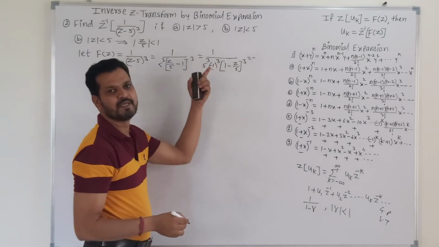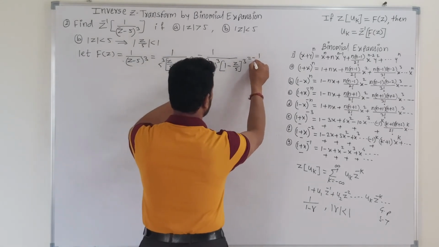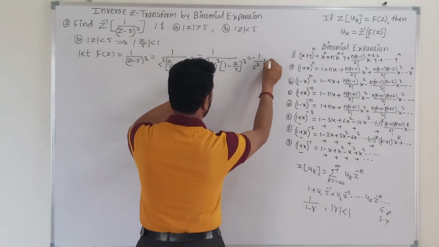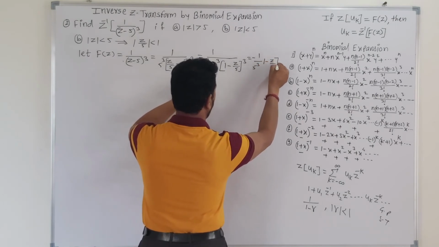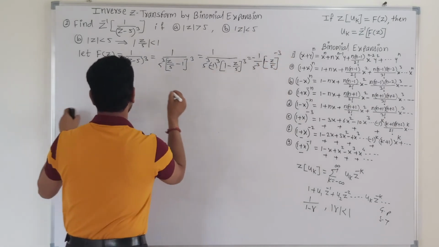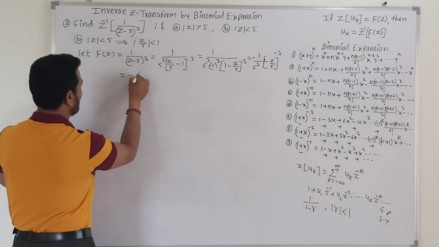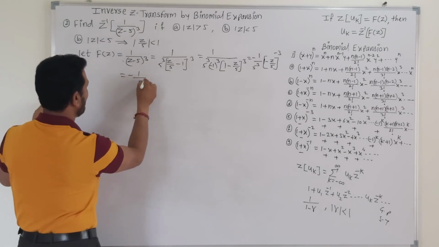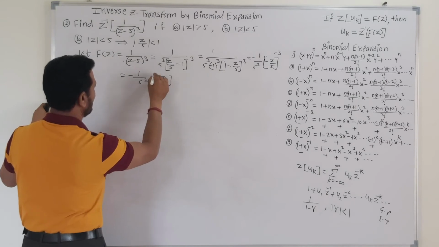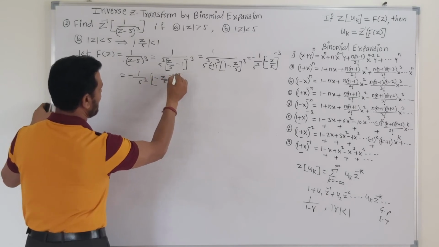So minus 1 cube means minus, this is 1 upon 5 cube, then 1 minus z upon 5 raised to minus 3, or moreover we can write this as minus 1 upon 5 cube, then 1 minus z upon 5 raised to minus 3.